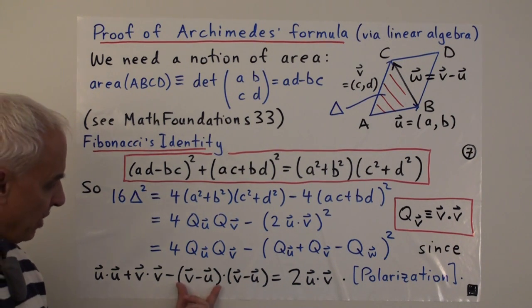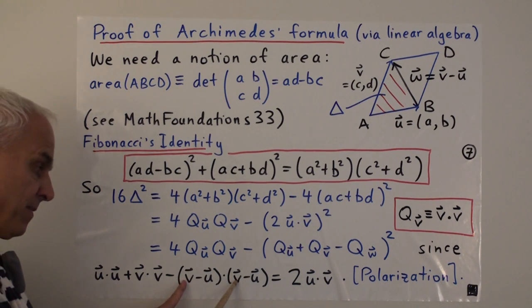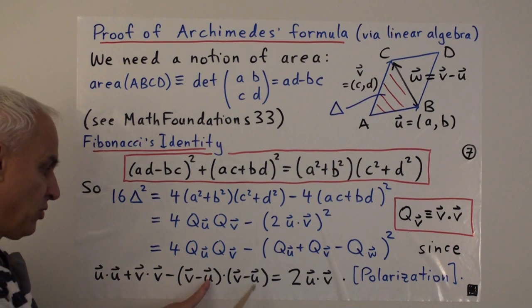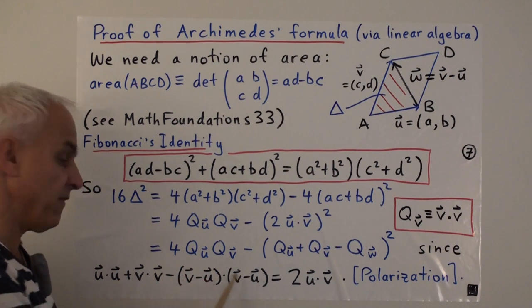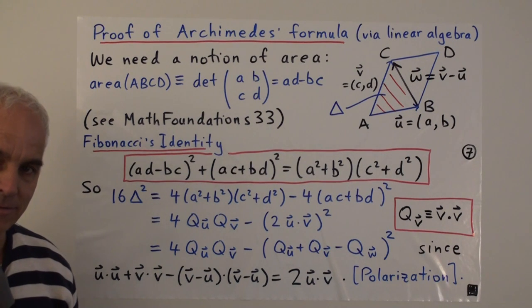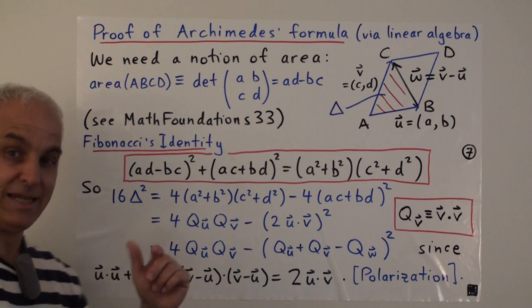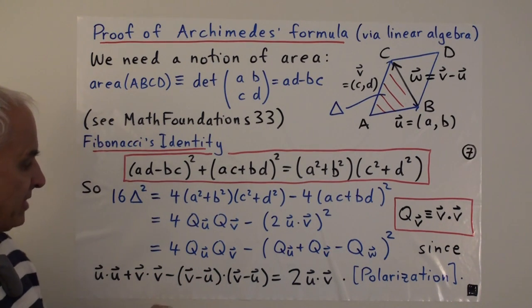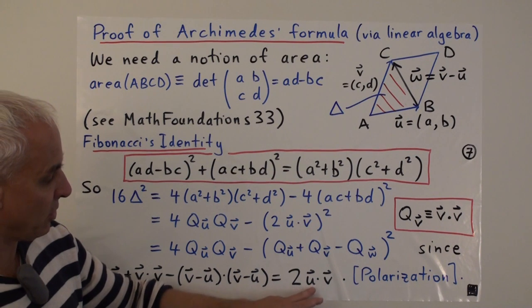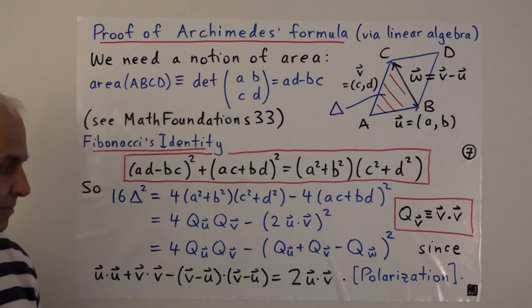So when you take the dot product between v minus u and v minus u, you're getting v dot v with a plus sign, you're getting u dot u with a plus sign, and you're getting v dot u and u dot v both with a minus sign. And since the dot product is symmetric, the v dot u is equal to u dot v, those two terms together with a minus sign in front of them combine to give 2u dot v. And the other two terms cancel with these ones here.